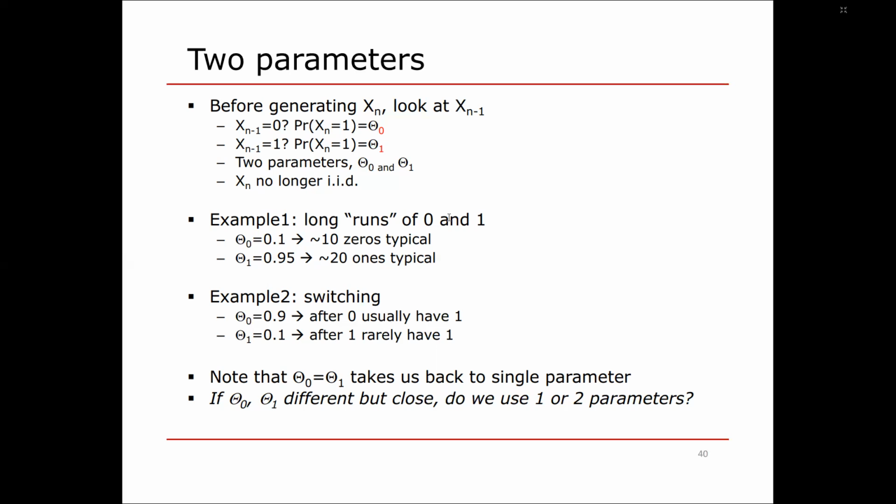If you're given data and you're trying to identify whether it is two parameters, 0.4 and 0.42, or one parameter, 0.41, I think this is a great topic for a final project, you'll need a lot of data, large N, to make these decisions correctly.